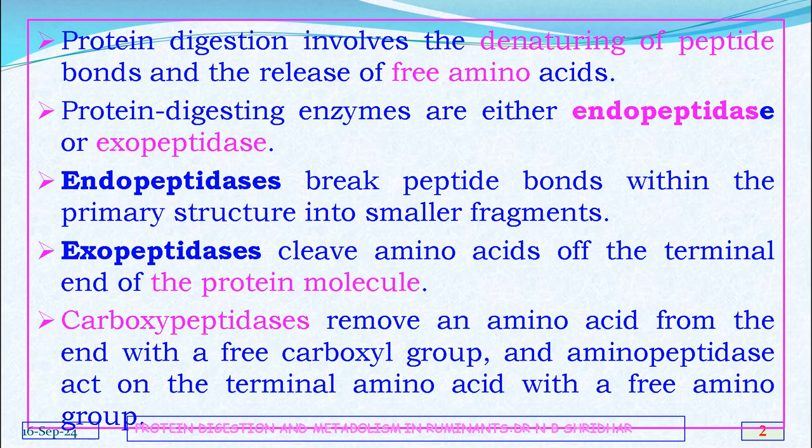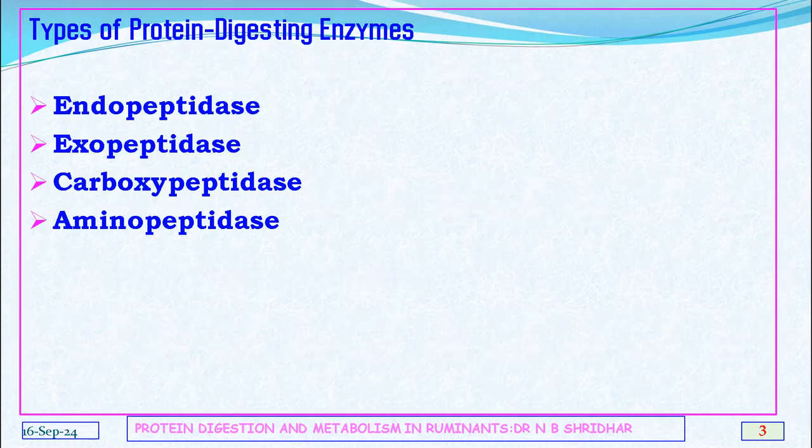Carboxypeptidases remove the amino acid from the end with a free carboxyl group, and aminopeptidases act on the terminal amino acid with a free amino group. So wherever the amino group is, these three things are being utilized: endopeptidases, exopeptidases, and carboxypeptidases.